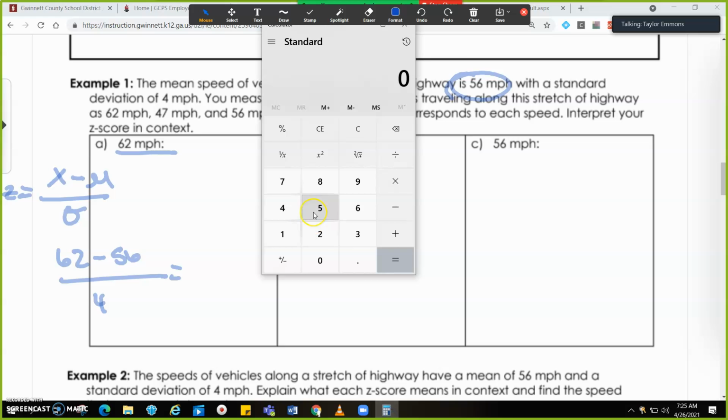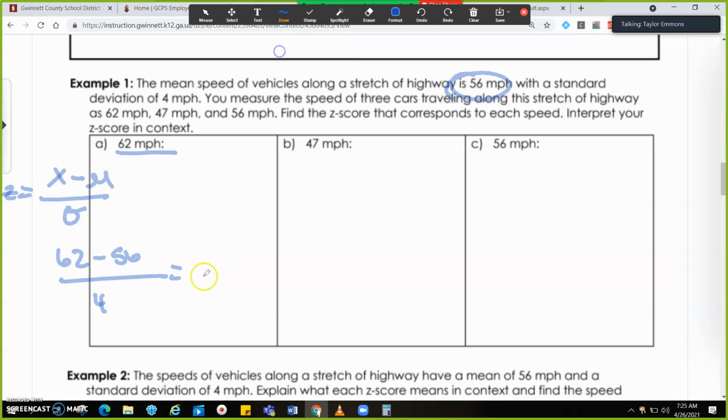So when we come in here, we go 62 minus 56 divided by 4, which is going to give us 1.5. So this has a z-score of 1.5. Just to show you what this would look like, let's draw the normal distribution really quick.